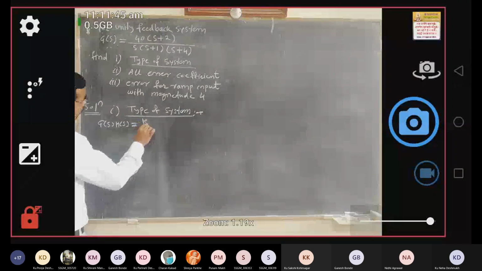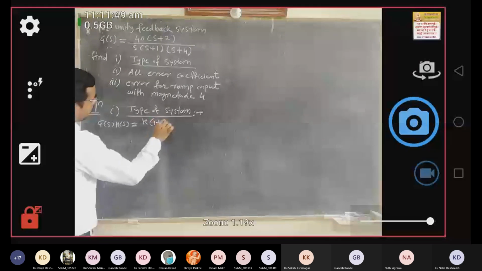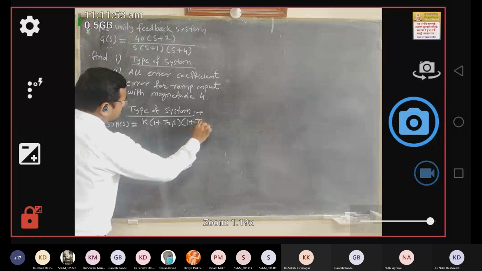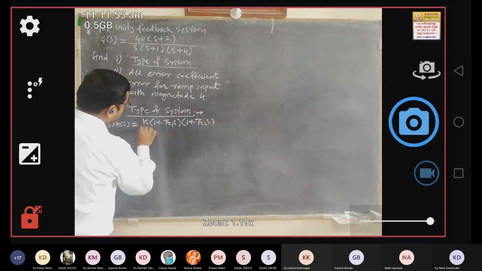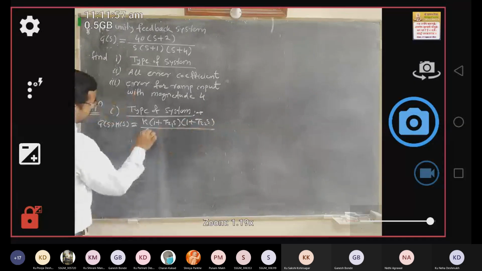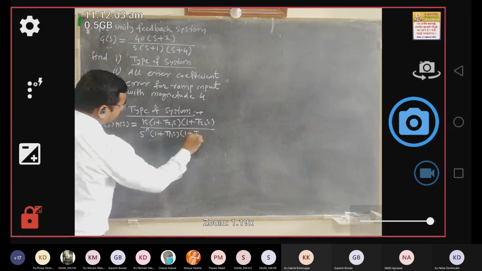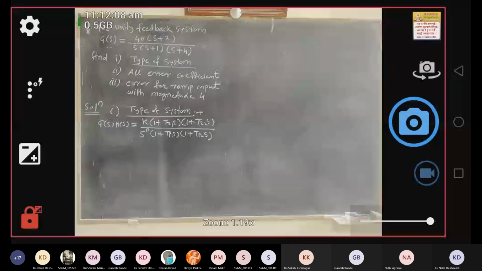The standard time constant form is A(1 + τz1 s)(1 + τz2 s) upon s^n (1 + τp1 s)(1 + τp2 s), like this. So you convert your transfer function into this form.